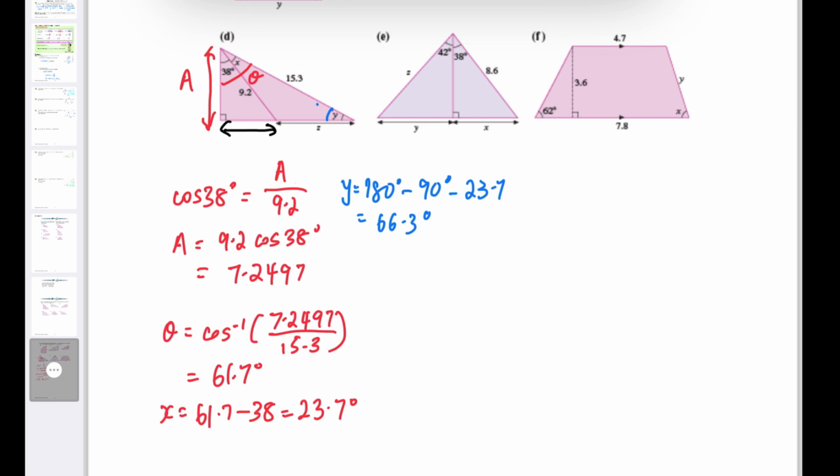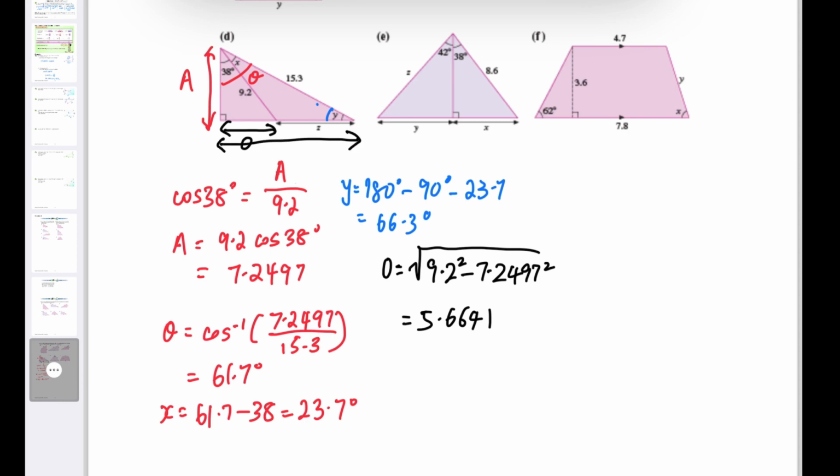Okay, so O is, by Pythagoras theorem, the square root of 9.2 squared minus 7.2497 squared, which is 5.6641.